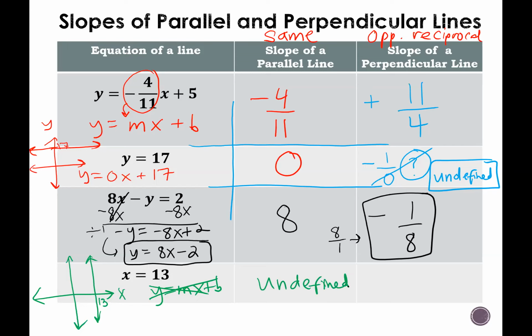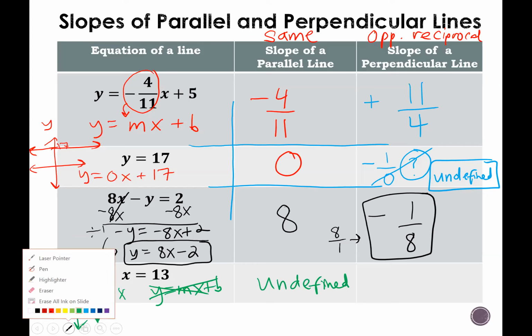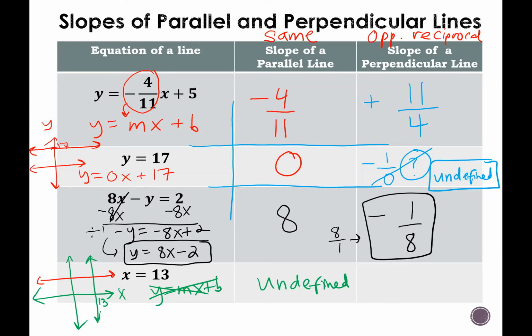And that brings us to the last question, the slope of a perpendicular line. Well, if I have a vertical line, a perpendicular line would just be horizontal. And remember, the slope of a horizontal line is 0. So take a look at 2 rows above in our little chart here. They both have 0 and undefined, just kind of in those opposite spaces.